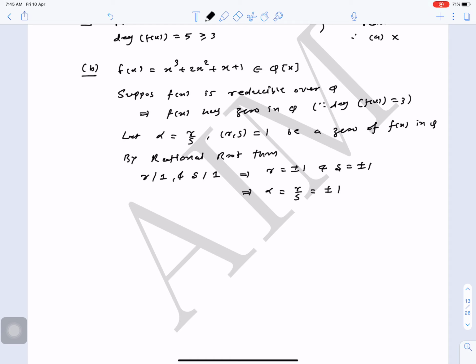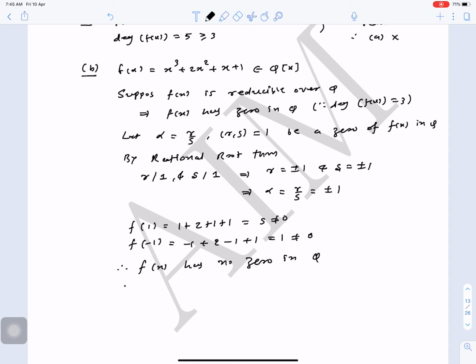So by manual calculation, f of 1 is 1 plus 2 plus 1 plus 1, 5, which is not 0, and f of minus 1 will be minus 1 plus 2 minus 1 plus 1. So it is 1, which is also not 0. So therefore f(x) has no 0 in Q. So therefore f(x) is irreducible over Q.